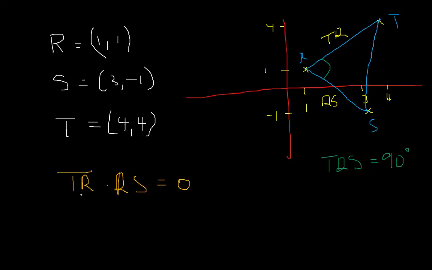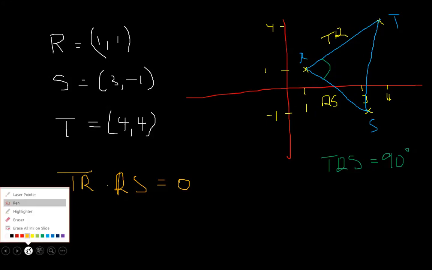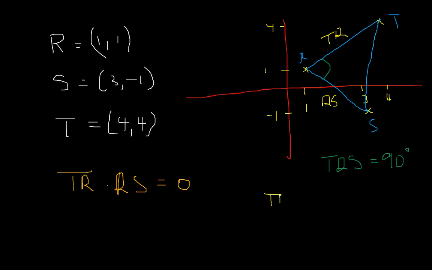Okay, so can somebody tell me how would we find the vector TR? They gave me position vectors. Find its OR dot OS product? Wait, repeat that. Yes, find its dot product?